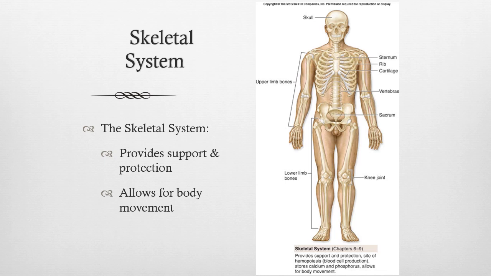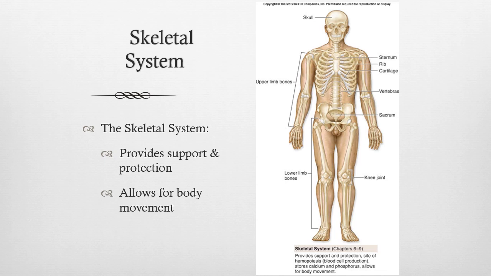The skeletal system is also important for movement, not so much in that it allows for body movement in general. For movement to occur, we need to have muscles. The bones can't move on their own. But what they do is allow us to move more efficiently.